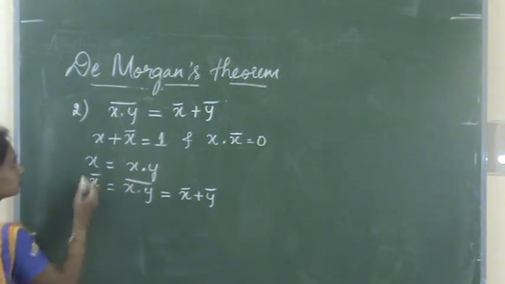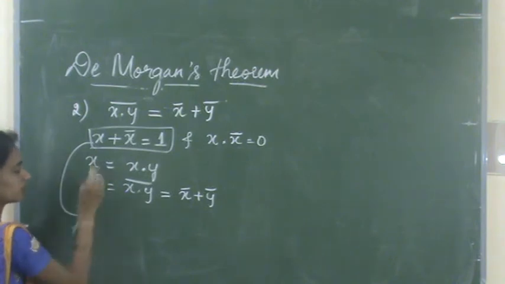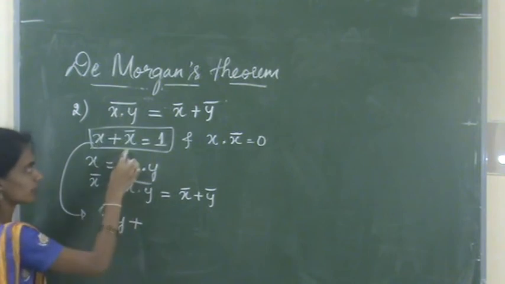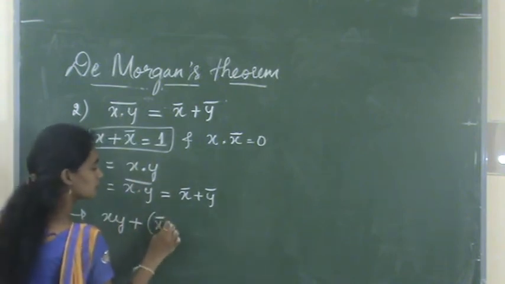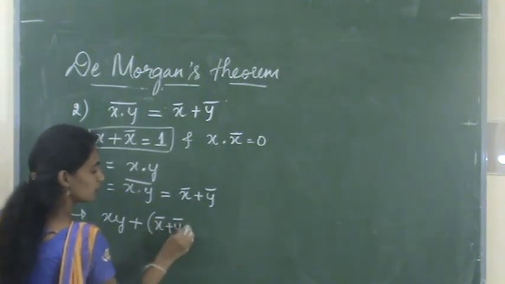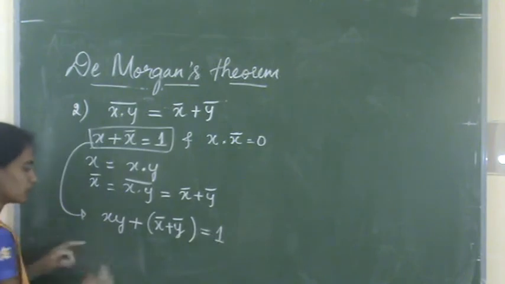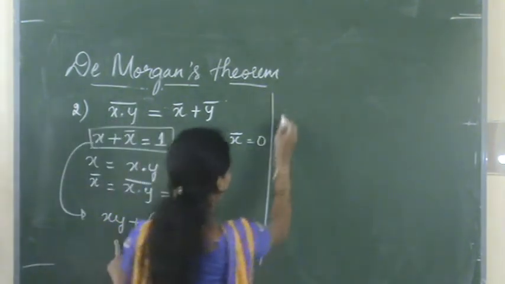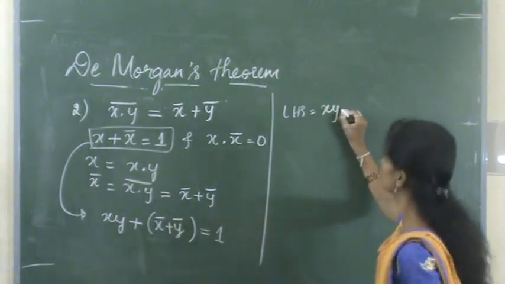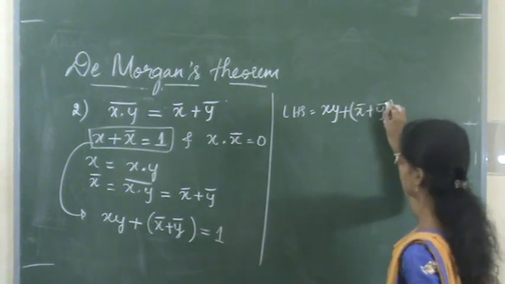Okay. So now take this equation. What is the value of x? xy plus, what is the value of x bar? X bar plus y bar is equal to 1, right? So now I am taking the LHS. What is that? xy plus x bar plus y bar, right?